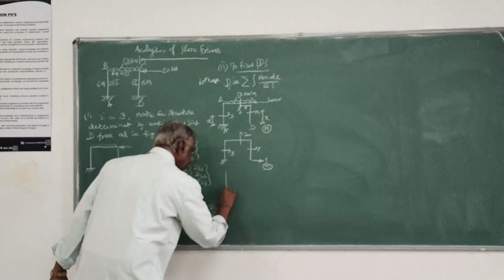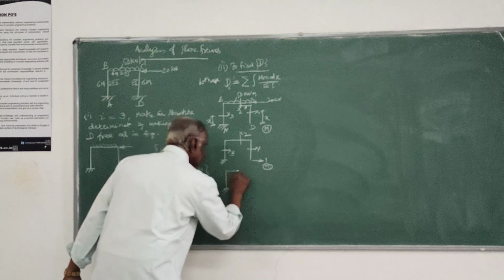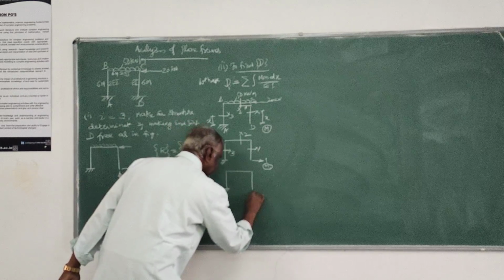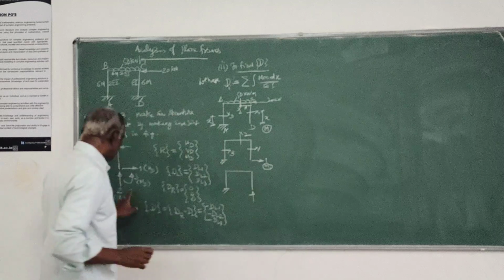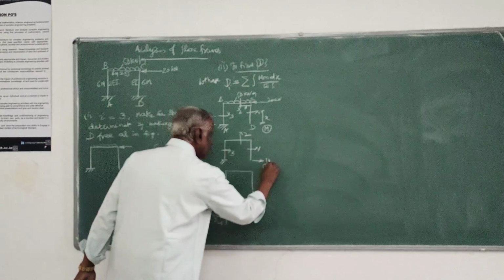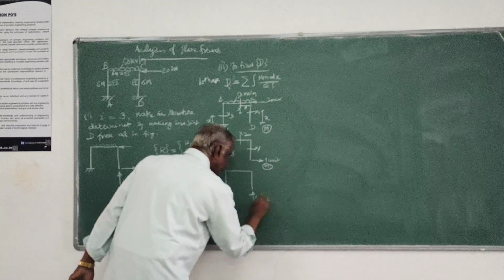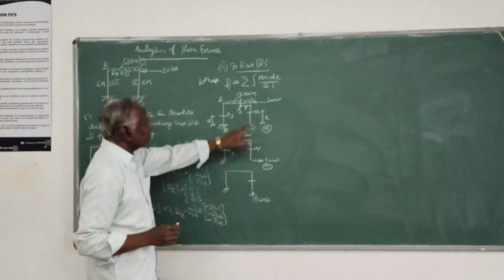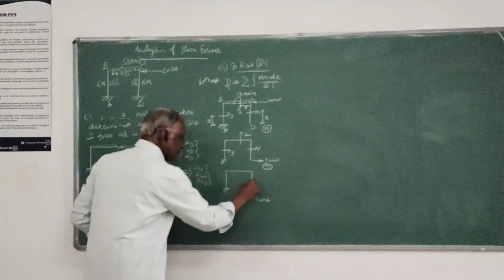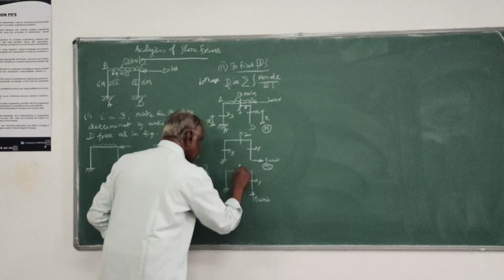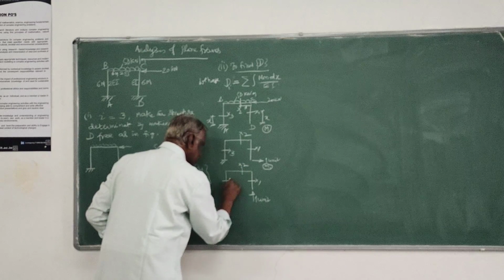Next, I have to apply a unit load in the direction of coordinate 2, and again evaluate that small m2 at these sections only, so it covers the entire structure.